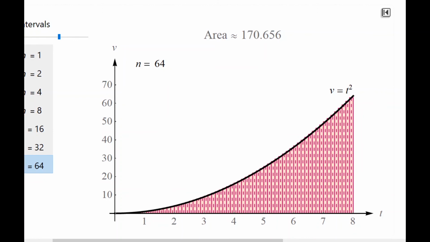And now, of course, you're probably thinking, well, when does this stop? Well, we can continue breaking up this interval 0 to 8 into smaller and smaller pieces so that n goes to infinity. And at the limit that n goes to infinity, you're getting exactly the area under the curve. We'll talk more about that when we discuss the definite integral.